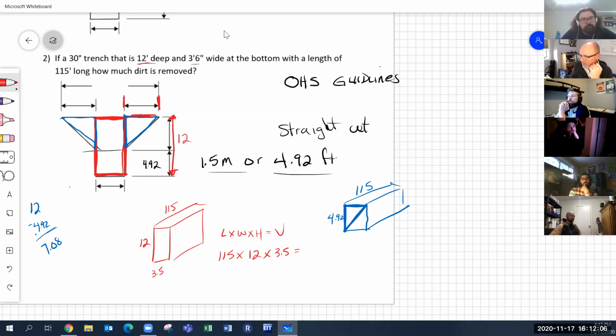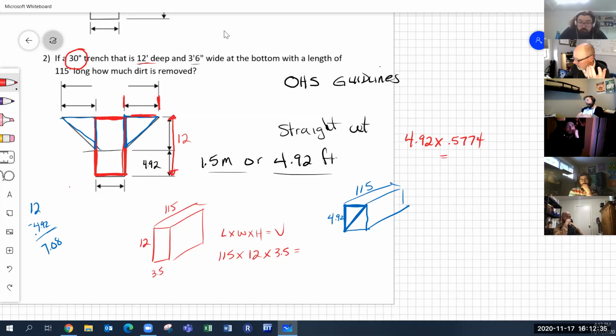Trigonometry would say that if I take my run, 4.92, and I multiply that by the tangent of a 30-degree angle, where did I get 30 from? This trench is 30. So tangent of 30 is 0.5774. It's a number that I memorized. I don't know why, but I do.